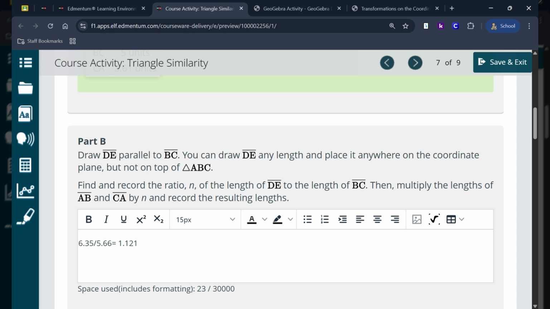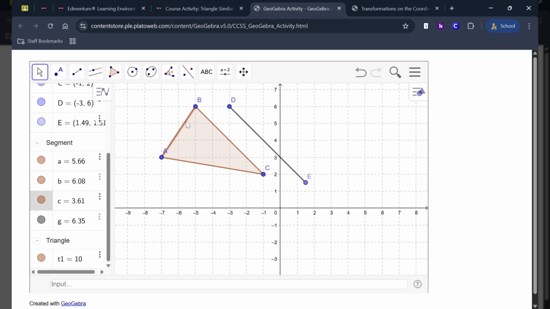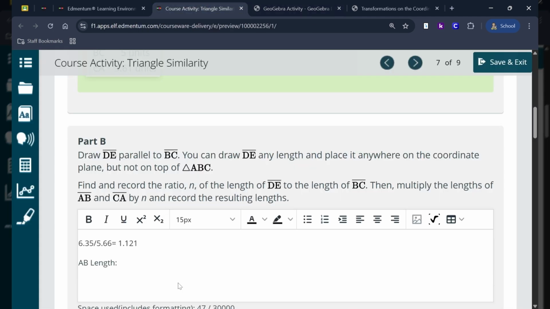All right, so we're going to find the length of AB first. It's easier sometimes if you label everything. So by doing this, we're labeling the length of AB. So AB again is going to be 3.61. So right here, 3.61 times this 1.121.